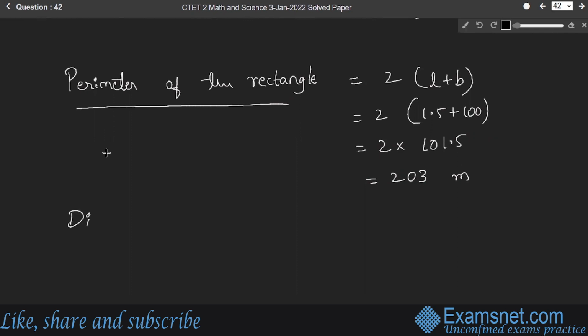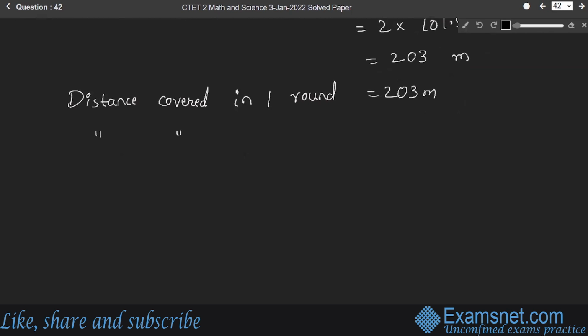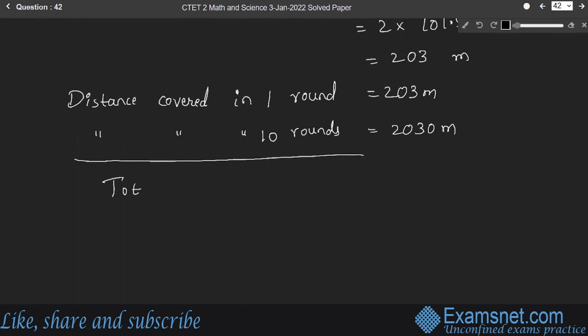So distance covered in one round is equal to 203 meter. Since he has covered 10 rounds, therefore distance covered in 10 rounds is equal to 2030 meters.